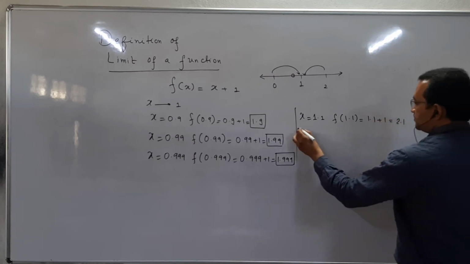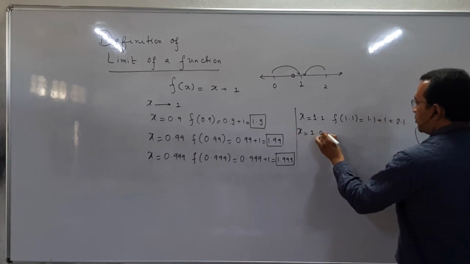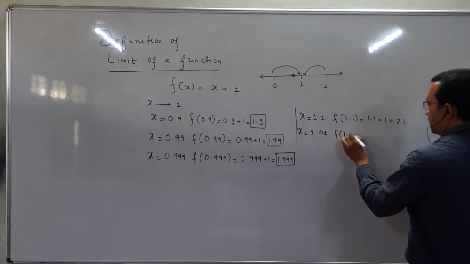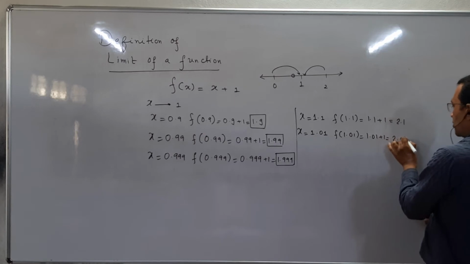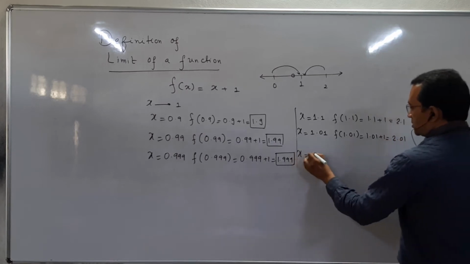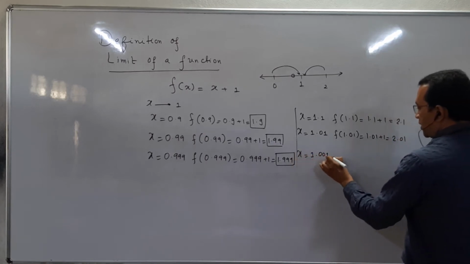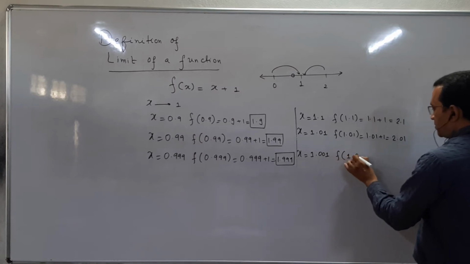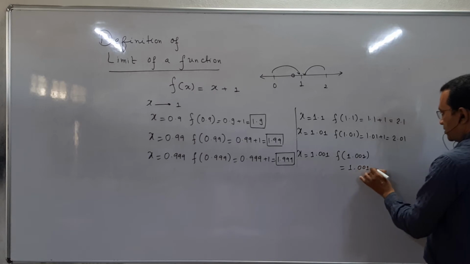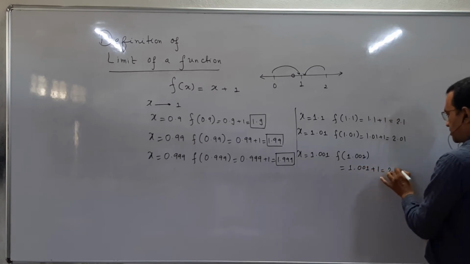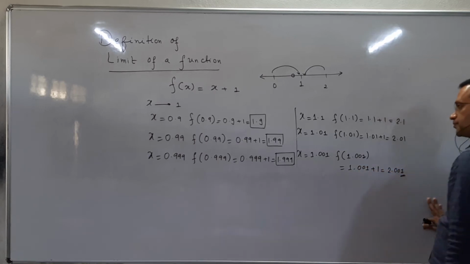So 2.1. Now f(1.01) will be 1.01 plus 1, 2.01. Say this is 1.001. f(1.001) is 1.001 plus 1, and that is 2.001.